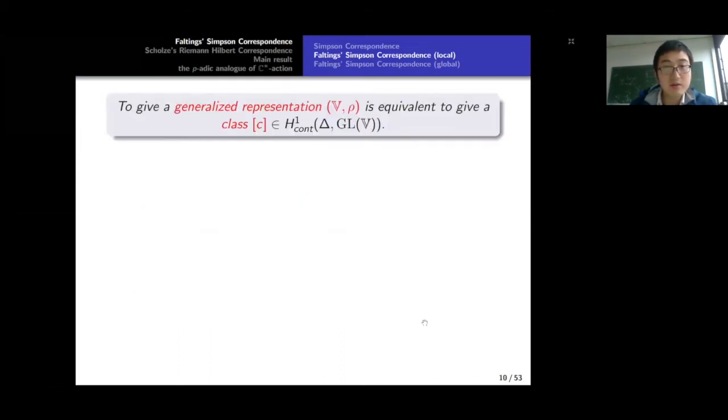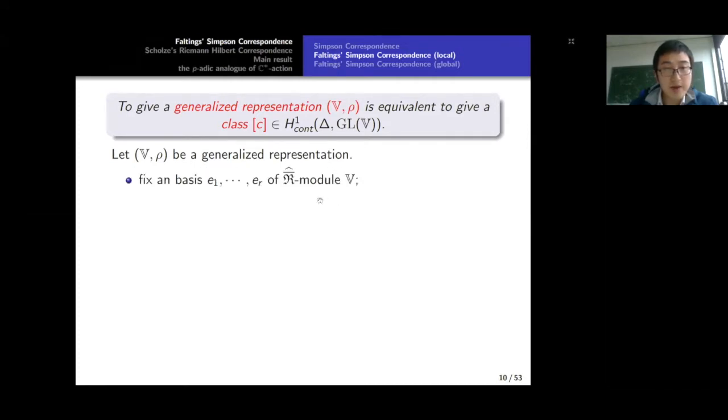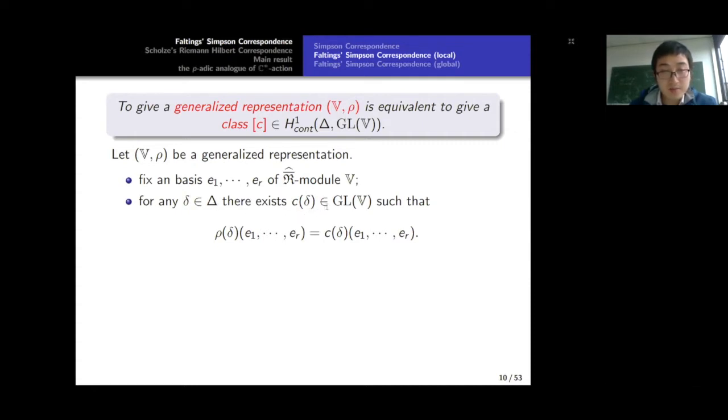And we can also describe this generalized representation by continuous Galois cohomology. For example, let V be a generalized representation. First, we fix a basis of this module V. Then for any γ in this group, there exists some linear endomorphism of V such that ρ(γ) on this space is equal to this linear map X on this space.